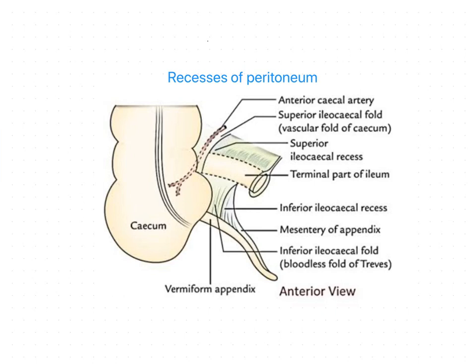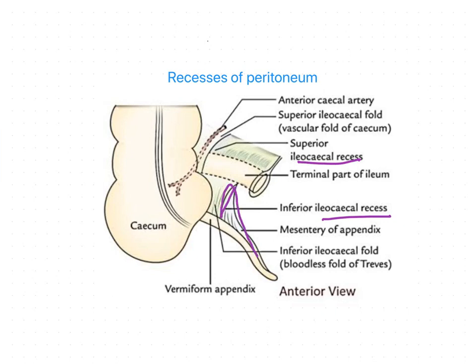Here I'm showing one example, the ileocecal recesses. It has two recesses: the superior ileocecal recess and the inferior ileocecal recess. These are small pocket-like spaces formed by small folds of peritoneum.